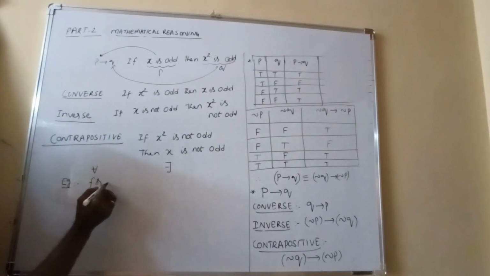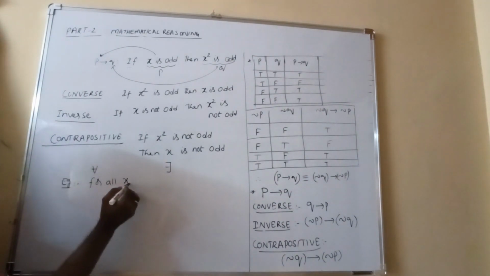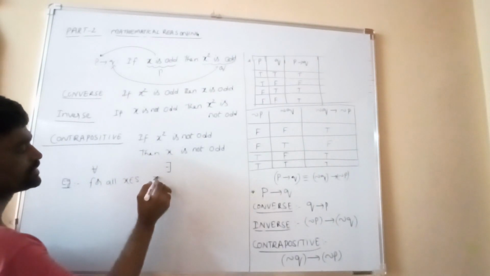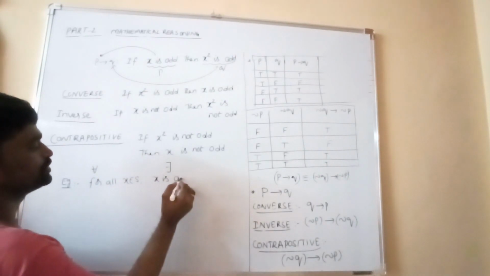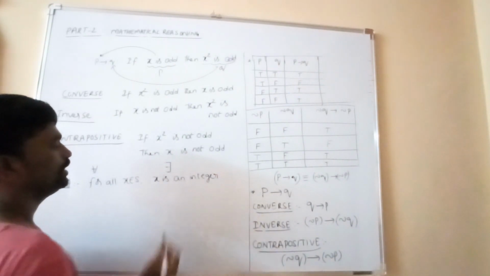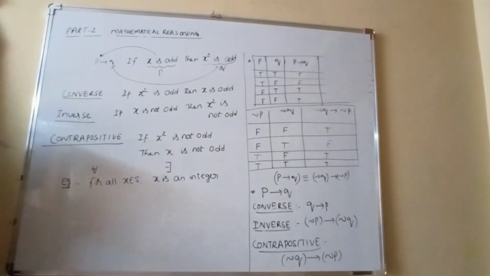For all X belongs to S, X is an integer. That means the statement says that set S contains only integers. Now I want to give its negation. So what will be its negation? For all X does not belong to S, X is not an integer. It is clearly wrong.